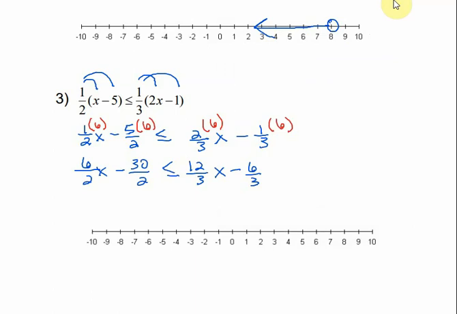If I reduce this fraction, I get 3x. This would become 15. This would give me 4x minus 2. So now all the fractions are gone.